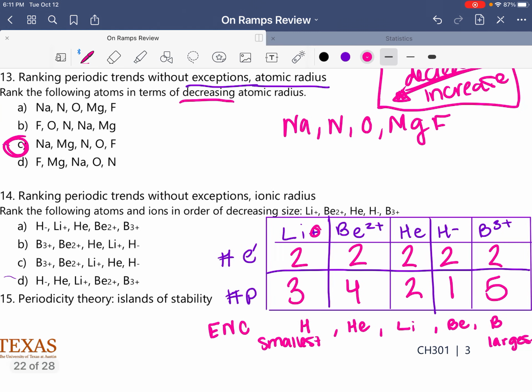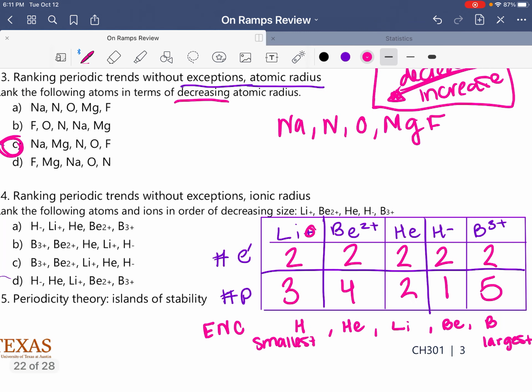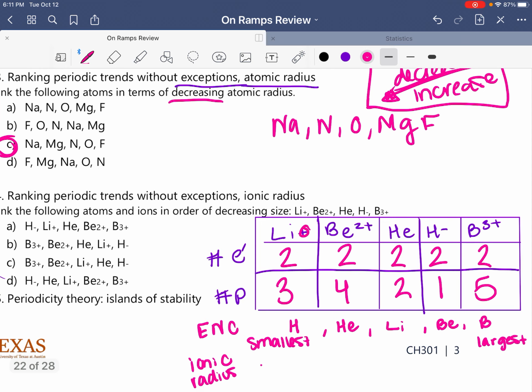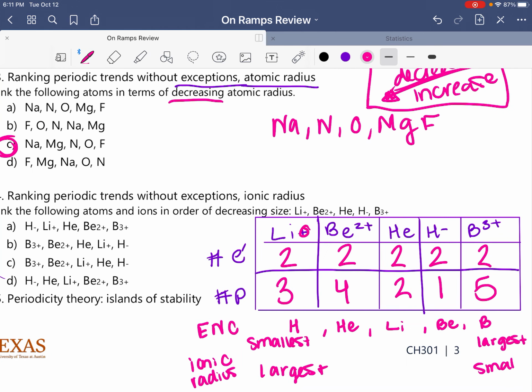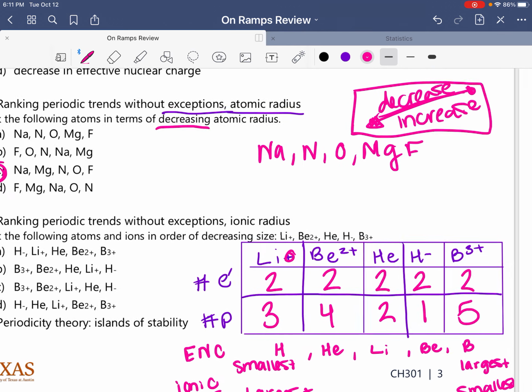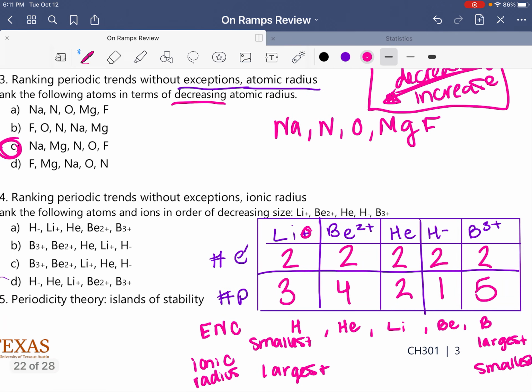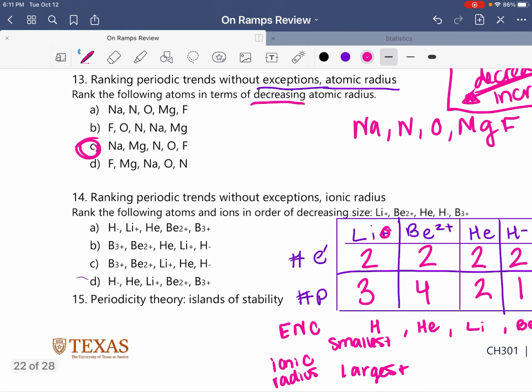So ionic radius is going to be the opposite of that. So we have the largest here and the smallest here. So the larger the effective nuclear charge, the smaller the radius.